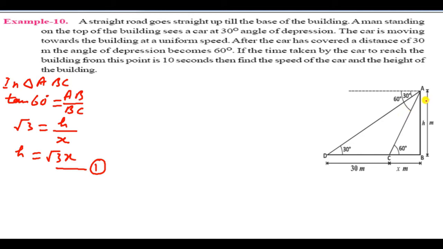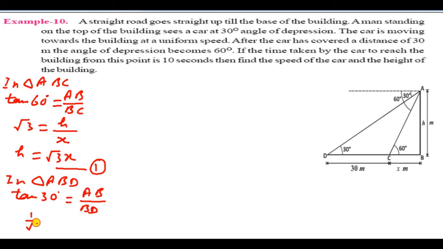Now take the large triangle ABD. Now tan 30 is perpendicular upon base, so AB upon BD.